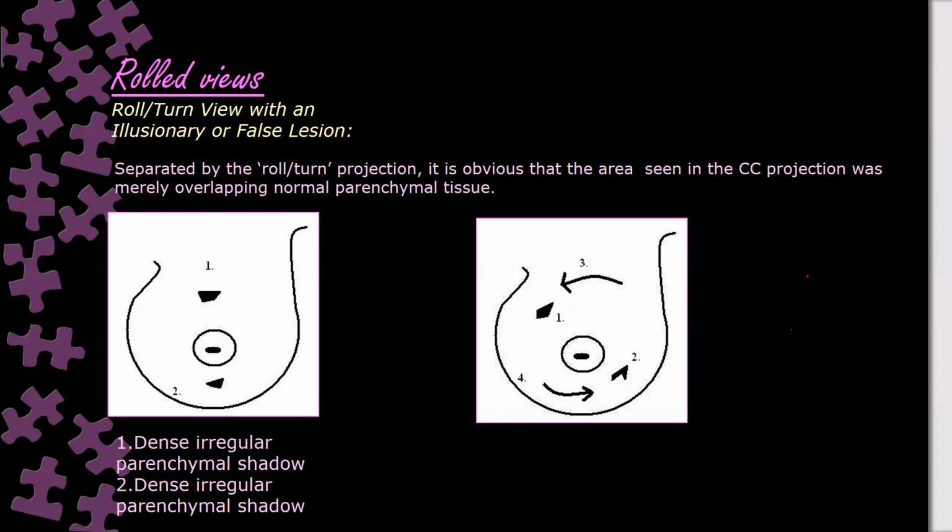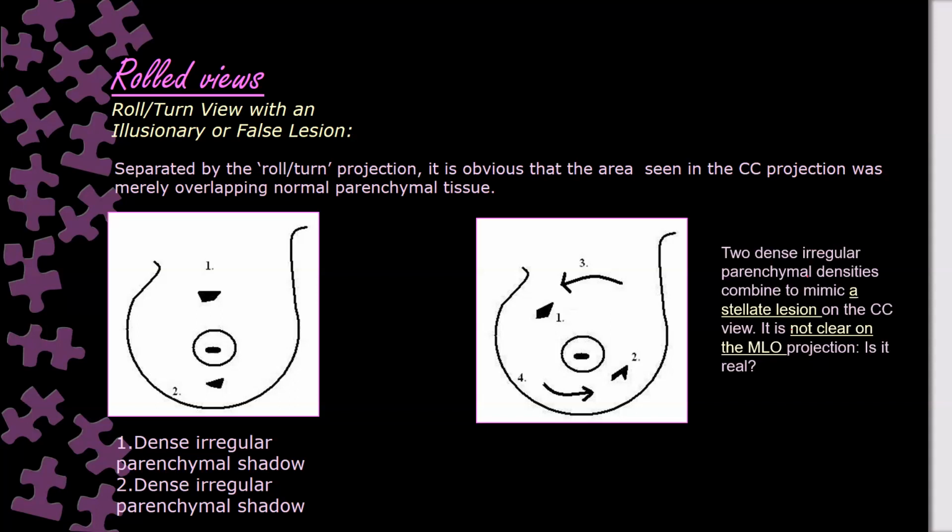I have seen it only in the CC view because both are superimposed, giving me a single view asymmetry. When I push medially, this area of irregular parenchyma will move medial, but the inferior one will move lateral. So I separate it. This moves medial and this moves lateral. When the CC view is performed, there is no more superimposition. It will be clear.